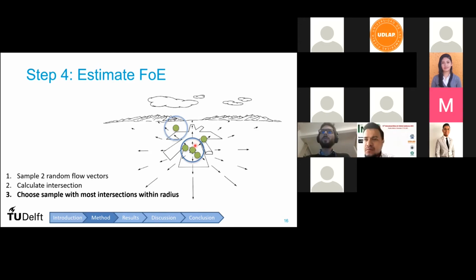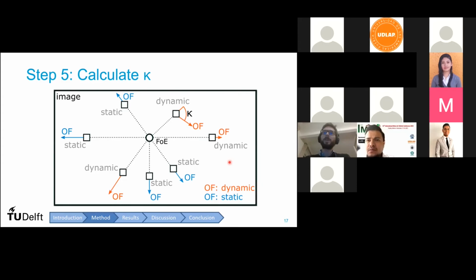And then we take the sample with most intersections within a certain radius. Now, if we have this focus of expansion, then we can look at these optical flow vectors. And some dynamic ones will be clearly different. So I have a big angle kappa. But some of them, it may be that a drone is moving exactly in the way in which we expect actually static flow to go. And that's, of course, a more difficult case for this method.